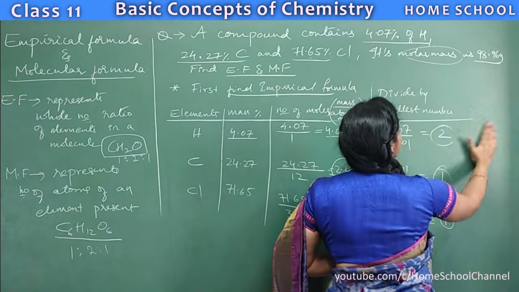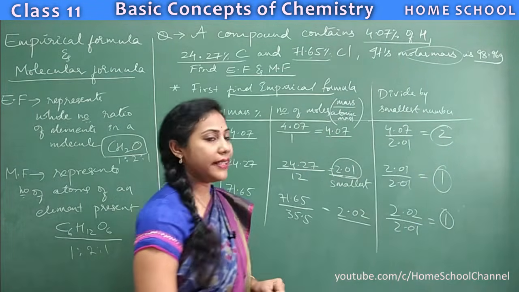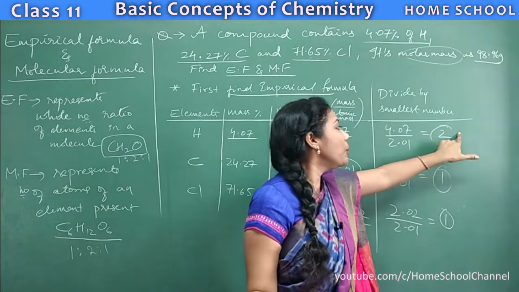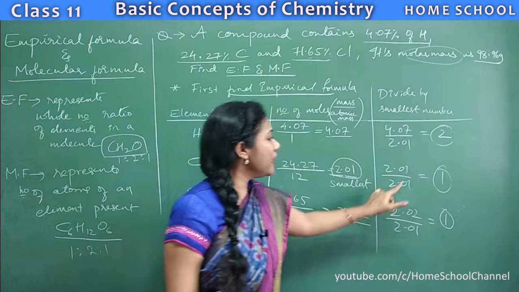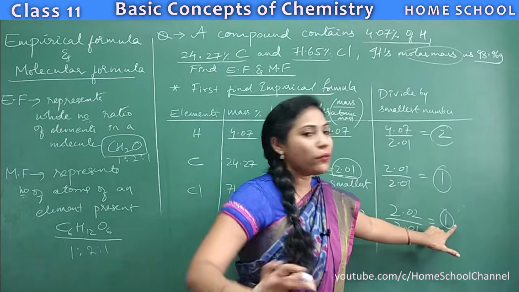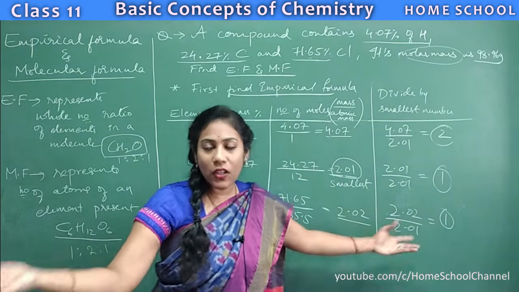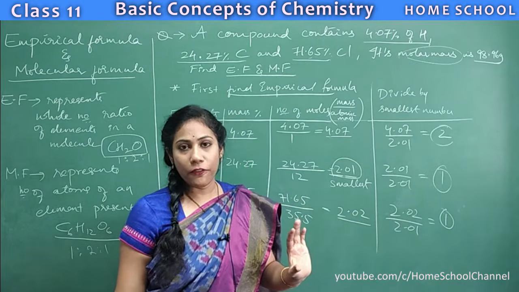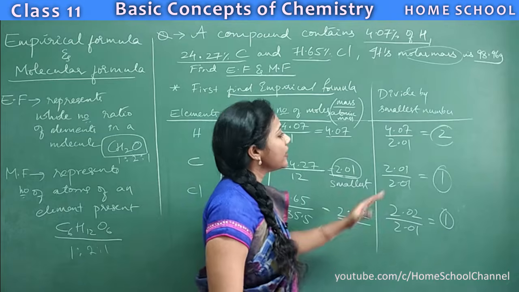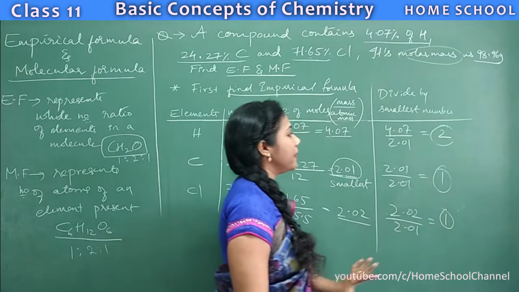But in this case, you got a whole number. Here you would get around 2.1 or 2.2, but you can consider it as 2 itself. Here 1 you will get, but here you will get 1.01 or something, but you can consider it as 1 itself. Fine. So this is how we got a whole number.